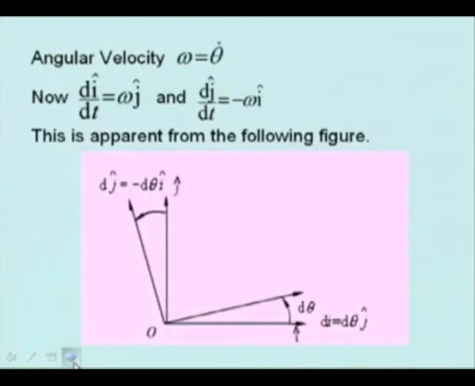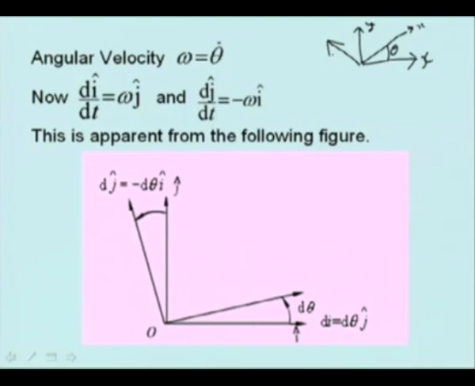We also define the angular velocity of the rotating axis as omega, where omega is equal to theta dot, that means d theta by dt. You have the axes x, y, which rotate by an amount theta. So this theta can be differentiated with respect to time.